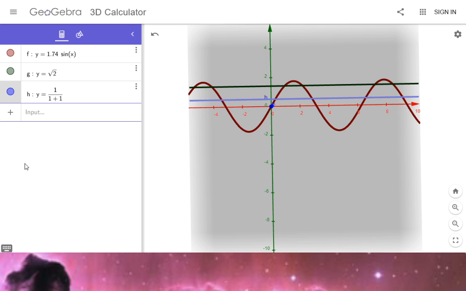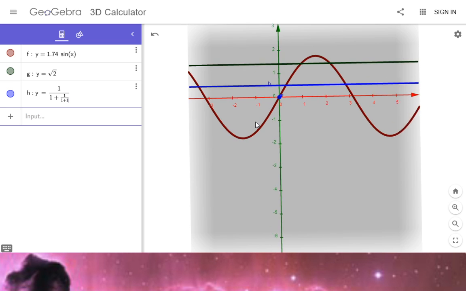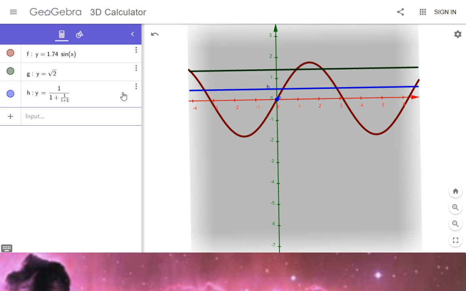So again, we have a DC voltage. So we're going to go 1 divided by 1 plus 1 divided by 1 plus 1.